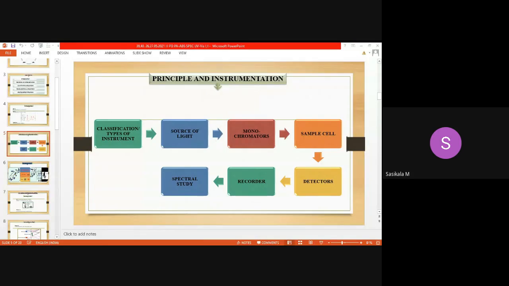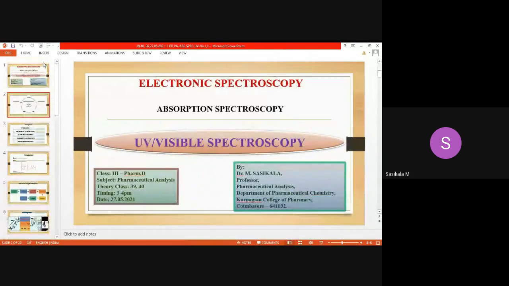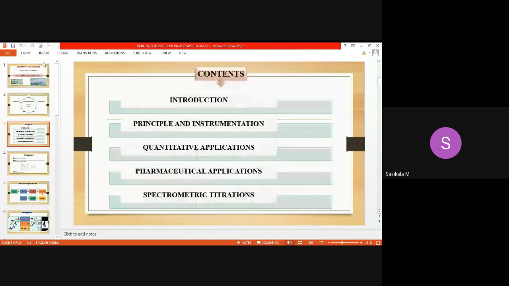We'll revise what we have discussed in the last class, and then we'll move on to the remaining topics. We have seen in the last class regarding UV visible spectroscopy. We started with the revision of the introduction to spectroscopy, and the contents of UV visible spectroscopy: principle and instrumentation, quantitative pharmaceutical applications, and spectrophotometric titrations.